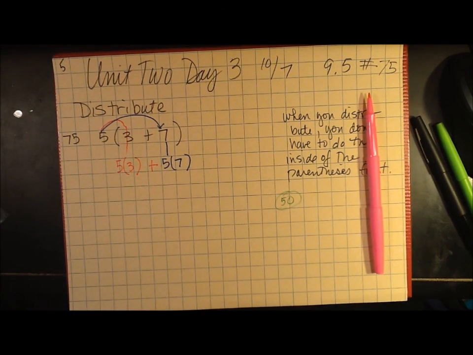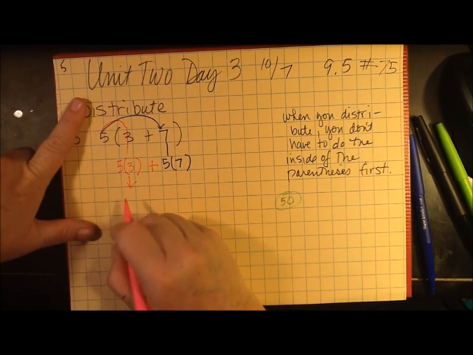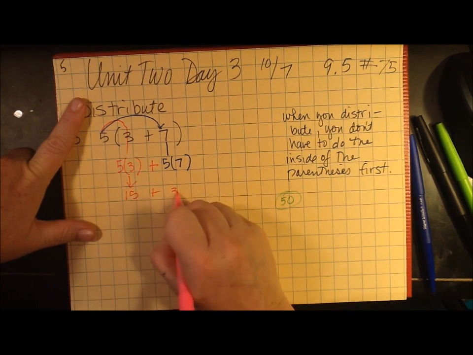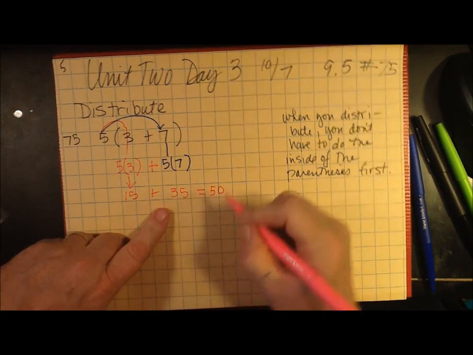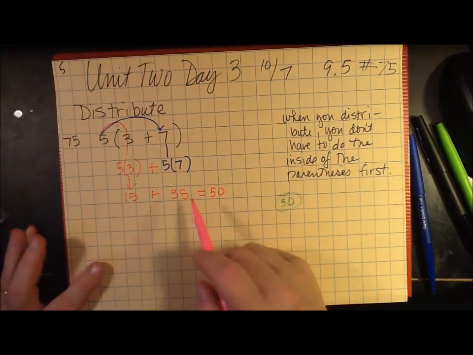And I could leave it that way, or I could keep going. 5 times 3 is 15, plus 5 times 7 is 35, and lo and behold, they both add up to 50. So both ways will get you where you need to go.